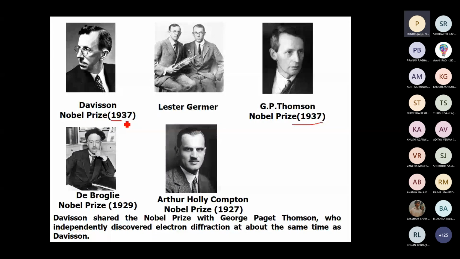Davisson shared the Nobel Prize with G.P. Thomson, who independently discovered electron diffraction at about the same time. So there are two different experiments, but both discovered electron diffraction, because an electron is a particle exhibiting wave nature. When we say a particle exhibits wave nature, it should exhibit either diffraction or interference.